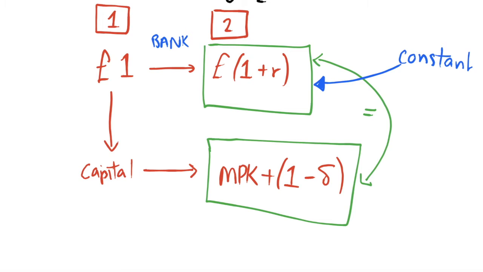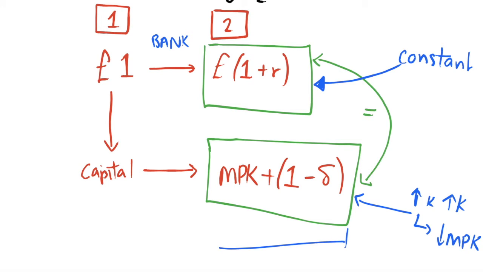No matter how much capital we have, we could always just invest in a bank and get back our investment plus the interest rate. However, as we keep increasing K further and further, we have diminishing returns to capital. So our marginal product of capital is going to fall as we increase K, and so this whole term is going to keep falling and falling.